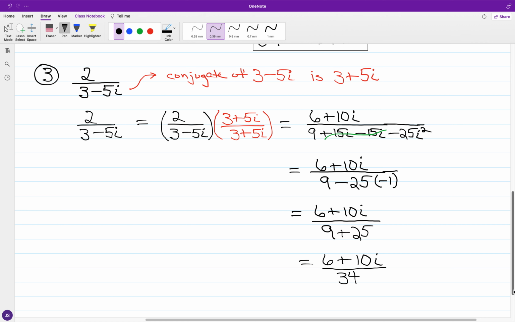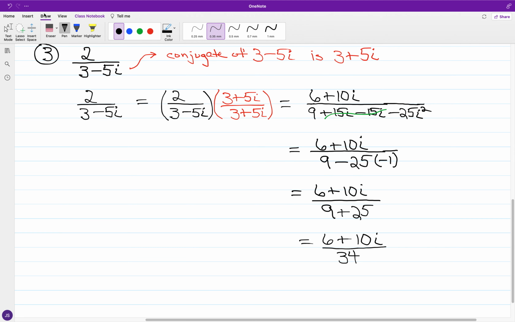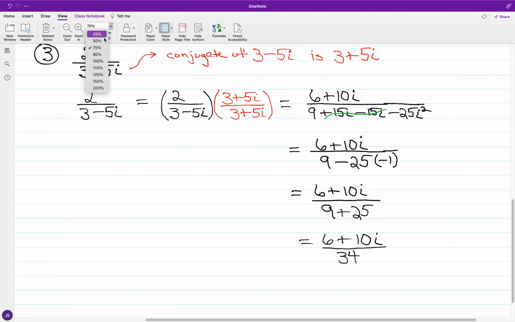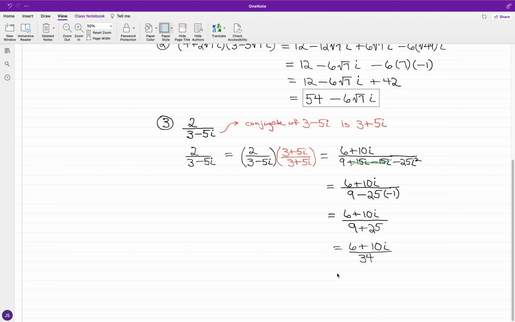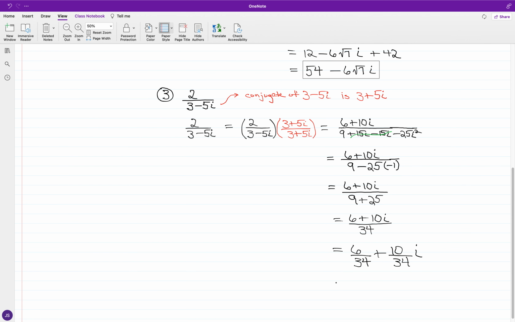Now looking at splitting up to get to the official a plus bi form. We have 6 over 34, which can be reduced, and for the complex variable term we have 10/34 of i, and this ratio can also be reduced.